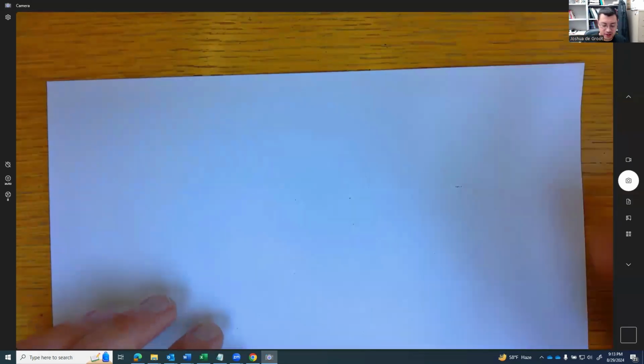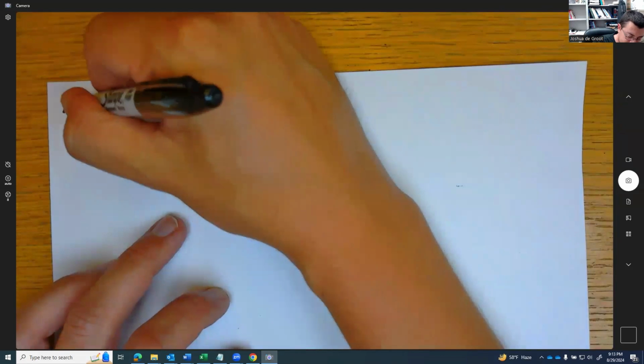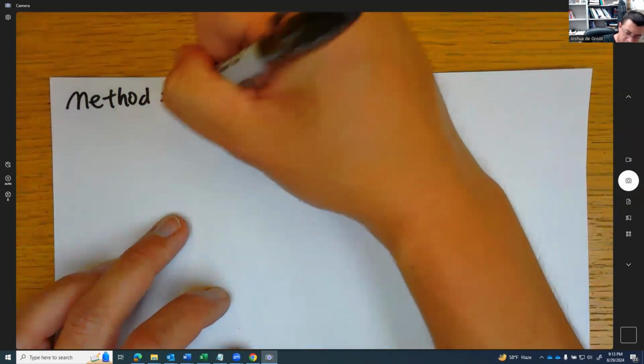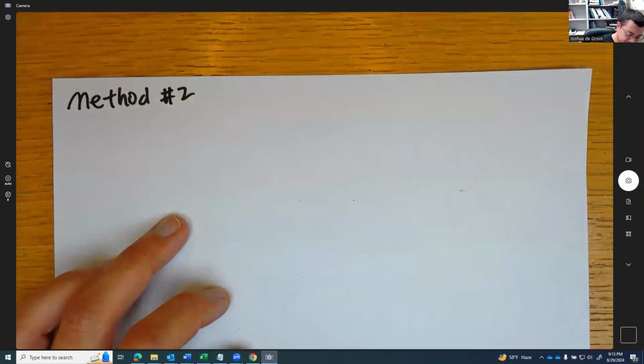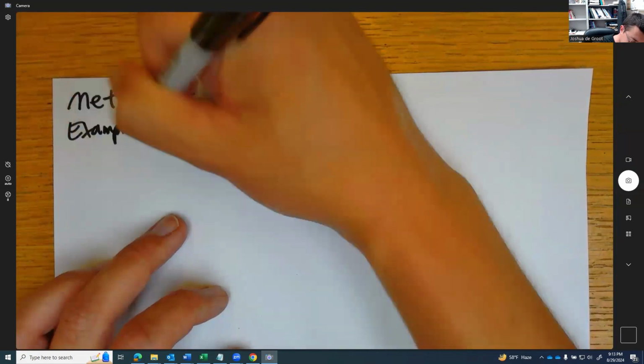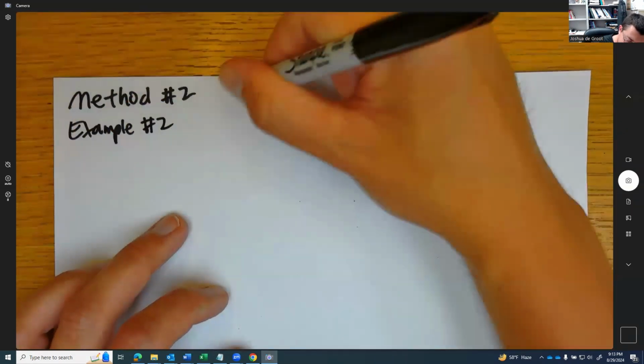Now I know some of you out there are wanting a faster way of doing this. All right, so let's go to method 2. And we're still doing example number 2. And you want that direct method.